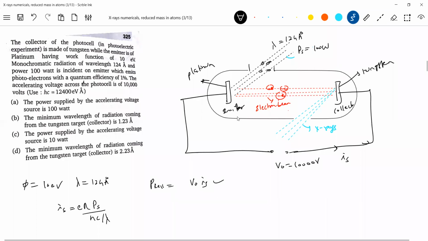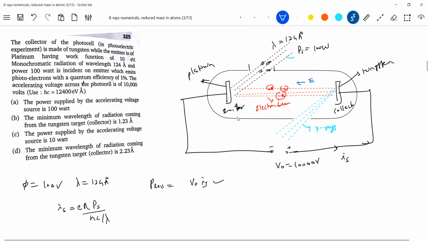The minimum wavelength of radiation coming from the tungsten target. How to get this? What happened to these ejected electrons? They're accelerated, no? So this end should be positive and this should be negative. The electric field here will be in this direction.